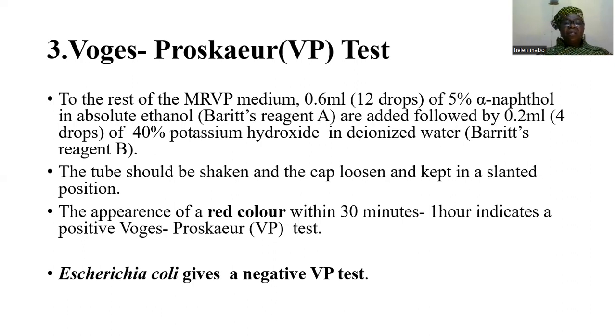This reaction is catalyzed by the alpha naphthol. Alpha naphthol is known to be a color intensifier. Hence, the red color appears in the positive Voges-Proskauer test.